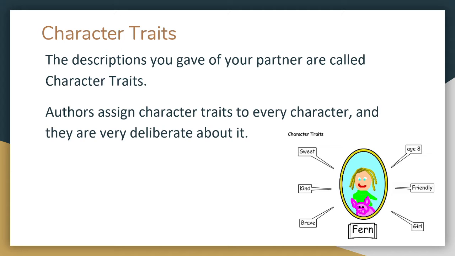So if a character is brave in a story, we say that that character has the character trait of being brave. Authors assign character traits to every single character, and the question is, how do they get those character traits across?